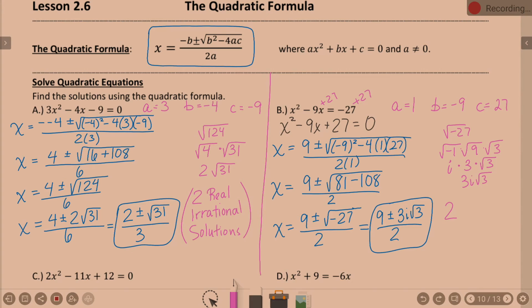So we have 2 non-real complex solutions. So far you've seen irrational. You've seen non-real or imaginary.